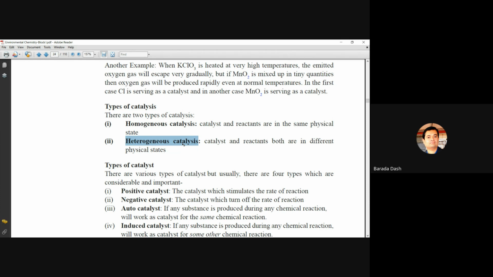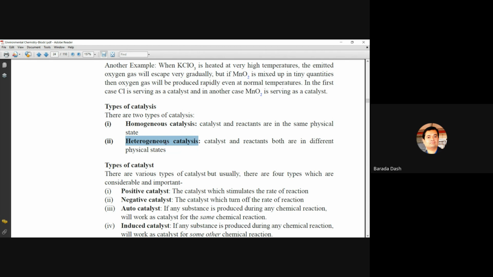Heterogeneous catalysis means the reaction occurs over a solid support. Both are in different phases, so if the catalyst is in solid phase, the reactant is in a different phase, such as liquid phase.